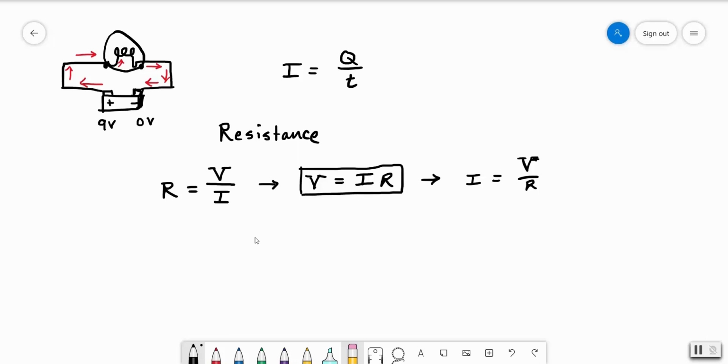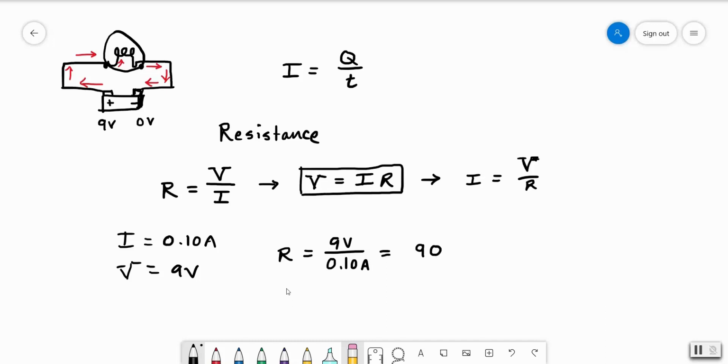We can now calculate what the resistance is on our bulb if we know that the current is equal to 0.1 amps and we know that the voltage is equal to 9 volts. By this relationship, the resistance would be equal to 9 volts divided by 0.1 amps. If you run that through your calculator, you'll get a value of 90.